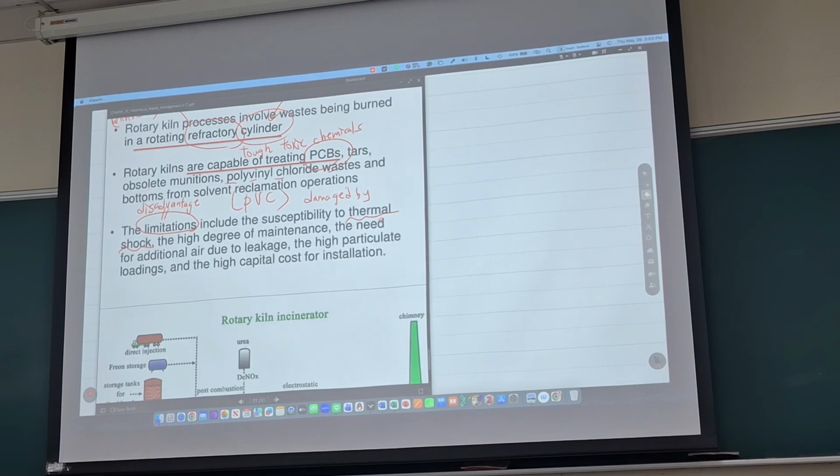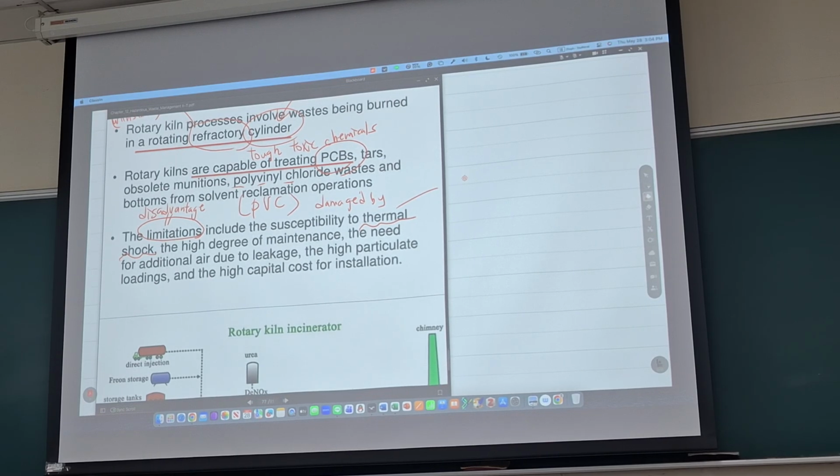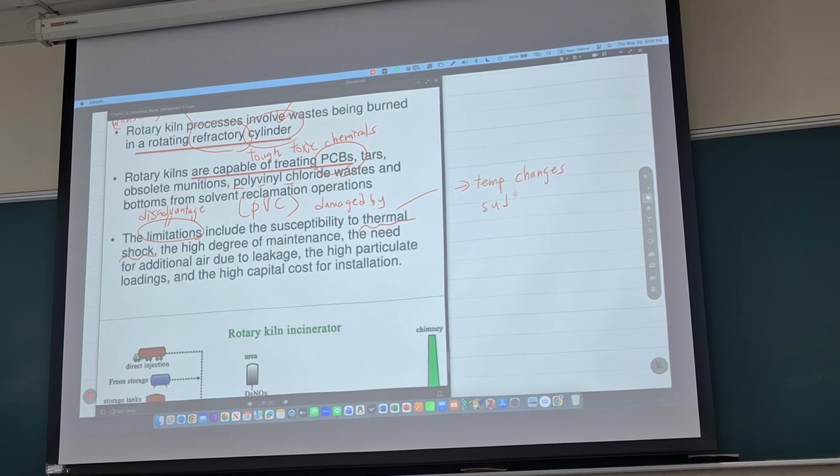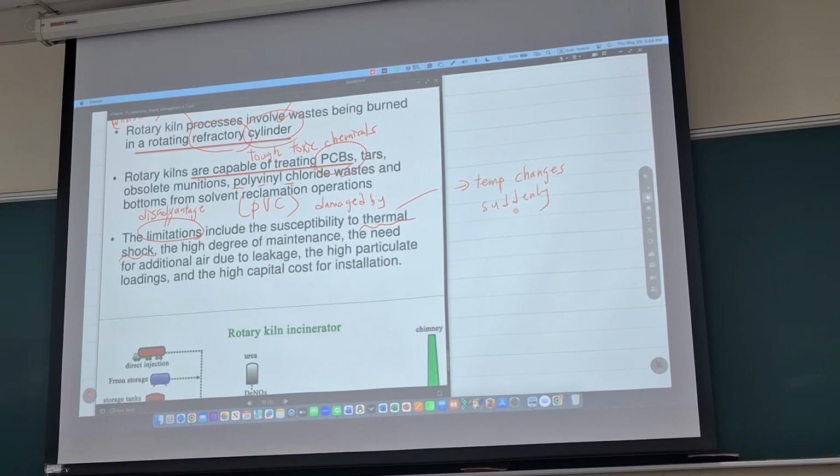Thermal shock means the temperature changes suddenly. If the temperature changes suddenly, it might damage this cylinder.